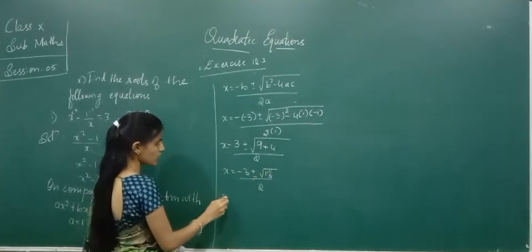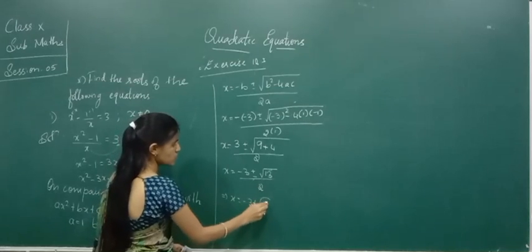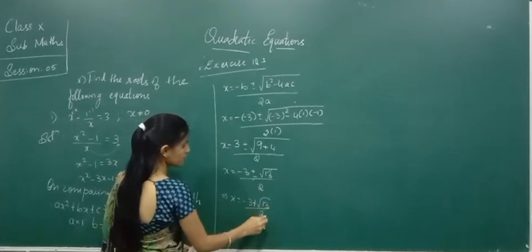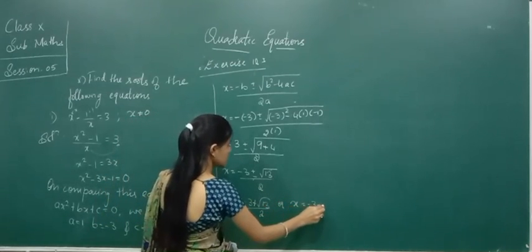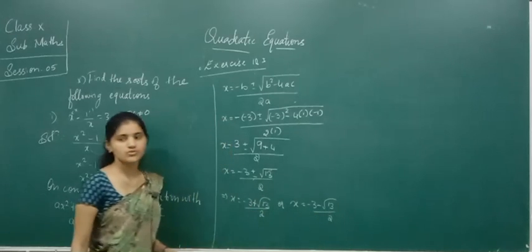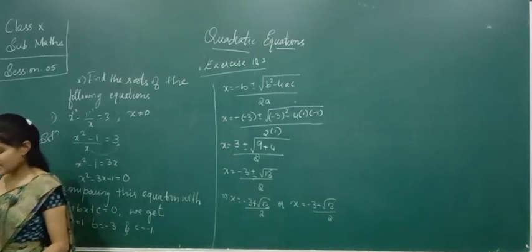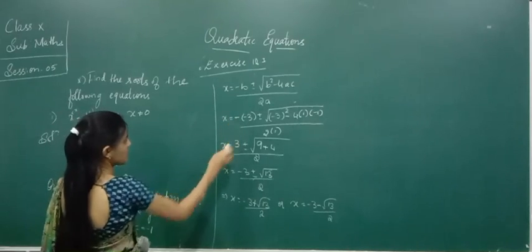It means x is equal to minus 3 plus root 13 by 2, or it simply means that x is equal to minus 3 minus root 13 by 2. These are going to be our two roots, that is x is equal to plus 3. I have minus into minus as plus, no?